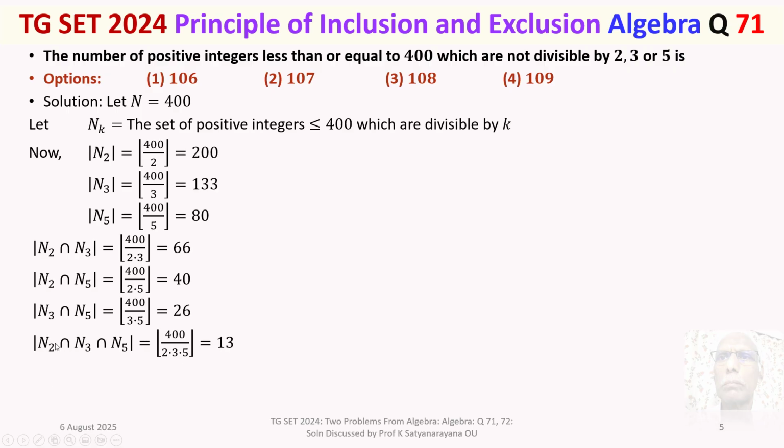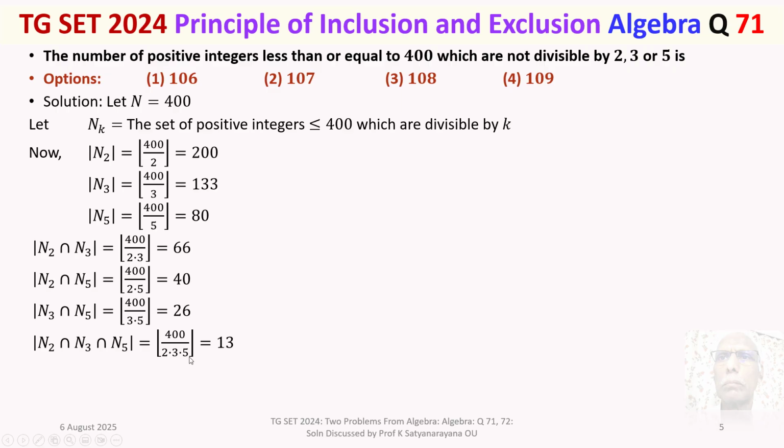Now, the number of elements present in N2 intersection N3 intersection N5. So, the number of integers less than or equal to 400 which are divisible by 2 and 3 and 5 is equal to the floor of 400 by 2 into 3 into 5. They are pairwise relatively prime.